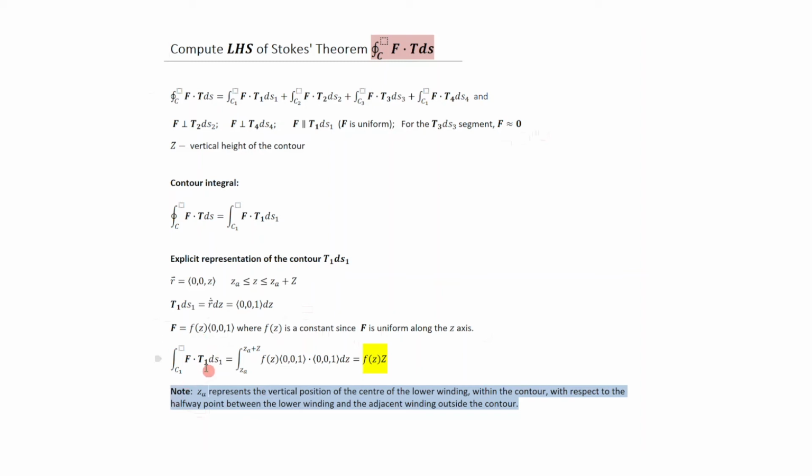So if we take f dot t1 ds between lower limit and upper limit, which is determined from here, then this just becomes f of z times z. Again, this f of z is shown generically as z, but it's a constant value. It will not depend on the direction z. Again, za represents the vertical position of the center of the lower winding within the contour with respect to the halfway point between the lower winding and the adjacent winding outside the contour. That was our reference starting point.